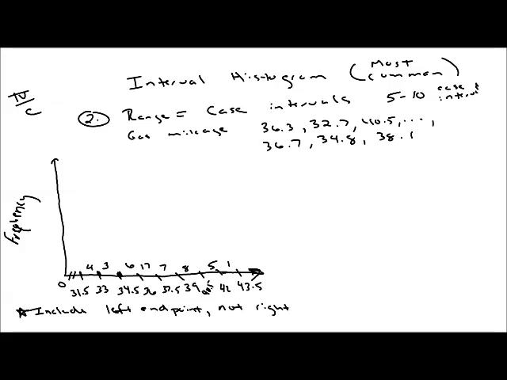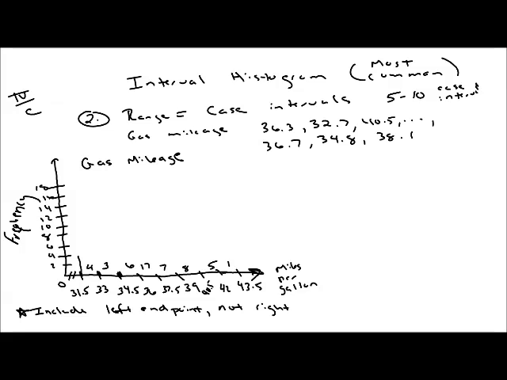And we got to go all the way up to 17, so maybe not by 1s, maybe by 2s. 2, 4, 6, 8, 10, 12, 14, 16, 18. Let's give it a title. Gas mileage. And label your x-axis, miles per gallon.